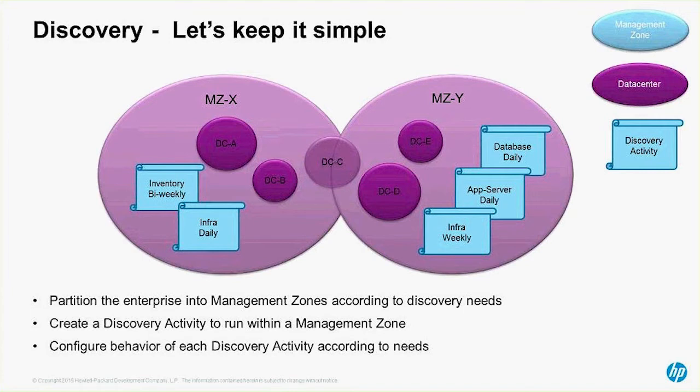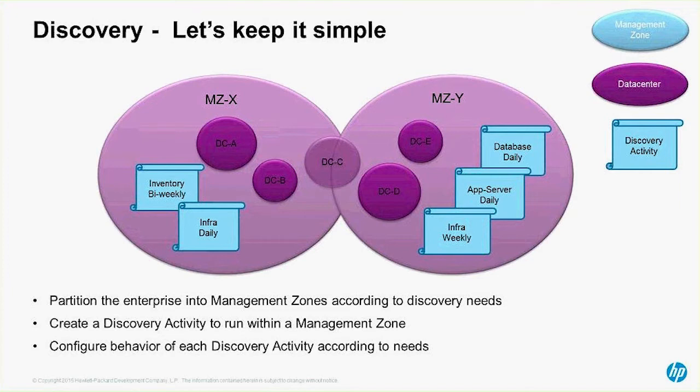So in this example, there are two zones, X and Y, and then there are 5 data centers, data center A through data center E. And each data center in this picture may have different frequency or different discovery activities that needs to be run.